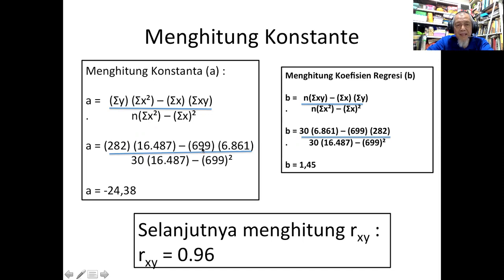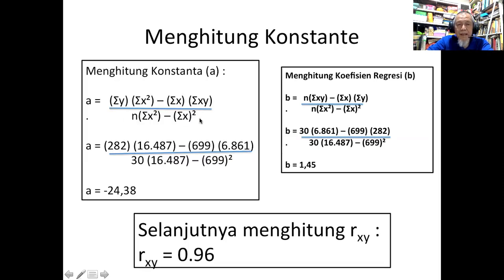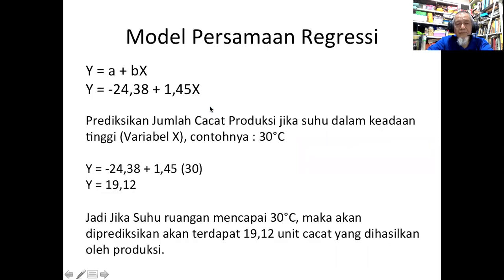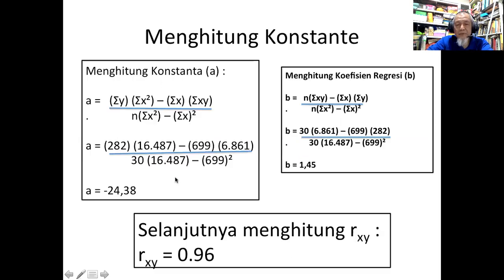Sum of X is 699, and then sum of XY is 6861. So we just put the numbers in this formula, and finally we have the result.